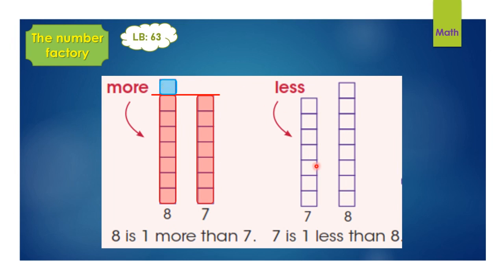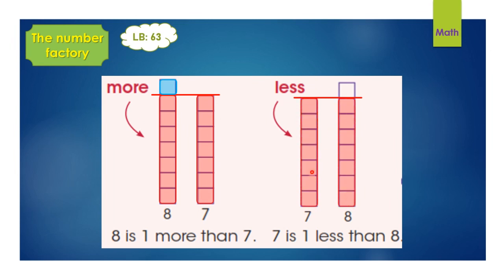Let's see here. What if I started with the smallest number, which is 7? I'm gonna say that 7 is smaller than 8. But what is the difference between 7 and 8? Just 1. Where? Here. From this one to this one, I have the same squares. Here I have 7 and here I have 7.